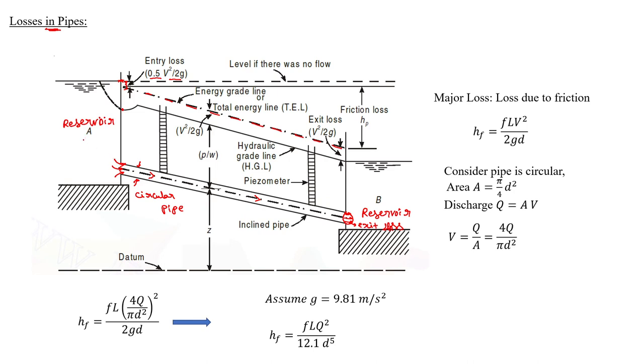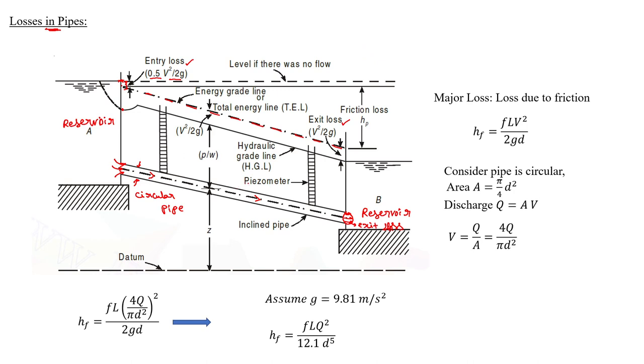So when the flow takes place from reservoir A to reservoir B, it encounters multiple losses. In this case, particularly, it encountered an entry loss, a loss due to friction, and an exit loss. This entry loss and exit loss are termed minor losses. How is it divided into minor and major?